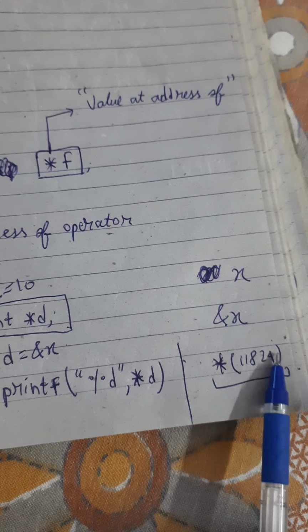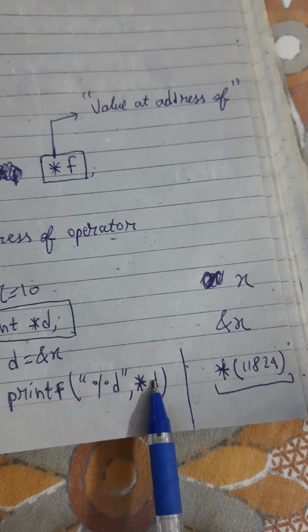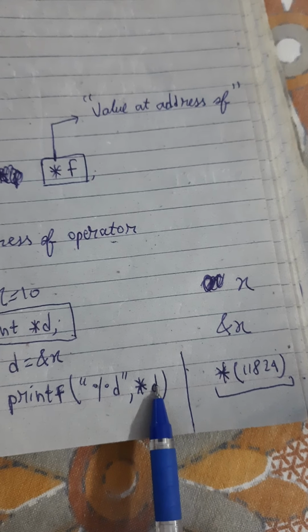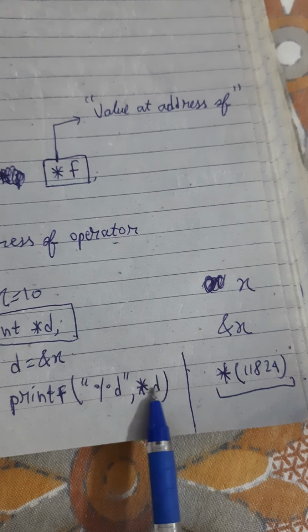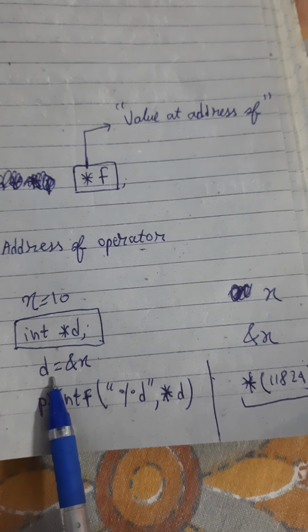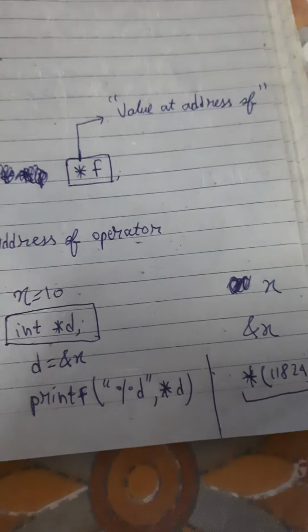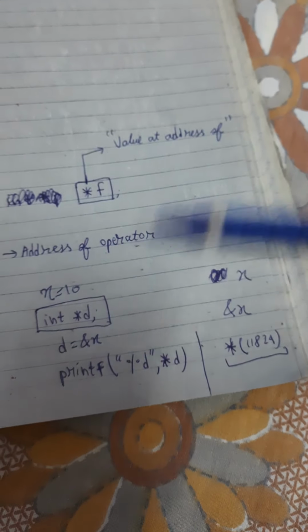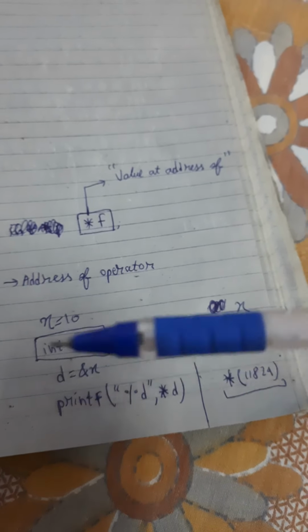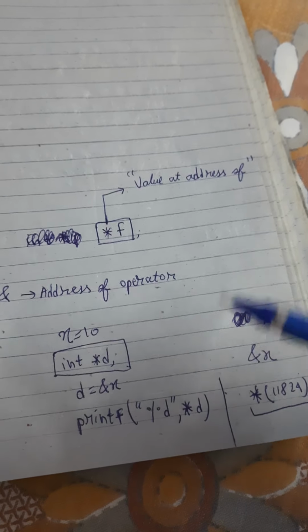Similarly, after star, d should basically be an address, and we know that d contains the address of x. So this is the value at address of. I hope this is clear, and in the next part we'll see whatever we have learned with the help of an example.